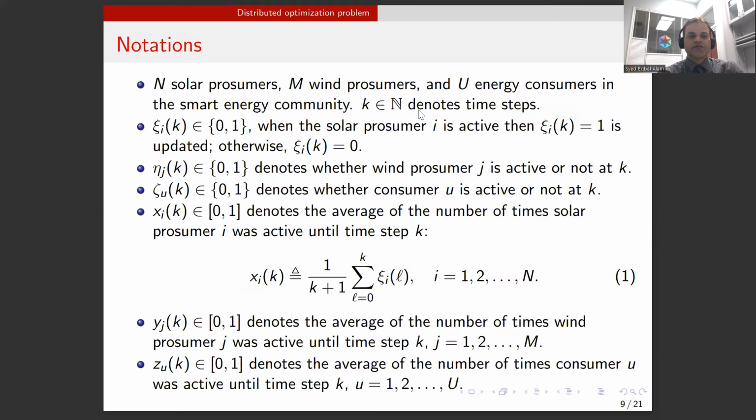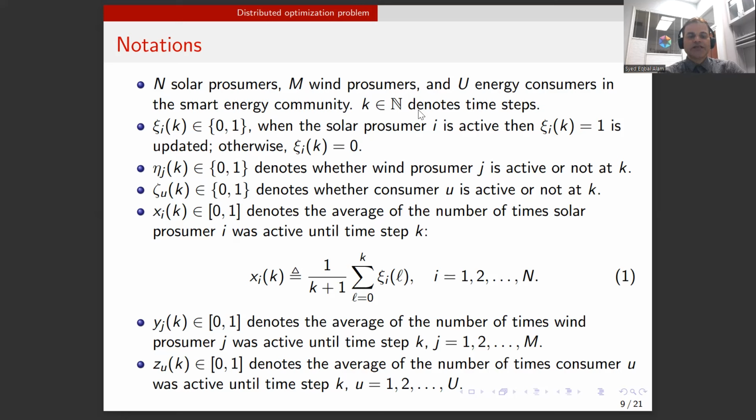For the notation, we use N for solar prosumers, M for wind prosumers, and U for energy consumers. Index i is for the solar prosumers, j for wind prosumers, and u for energy consumers. Psi_ik is in {0, 1}. When the prosumer i is active, that is, it participates and produces energy, then psi_ik will be 1, otherwise psi_ik will be 0.